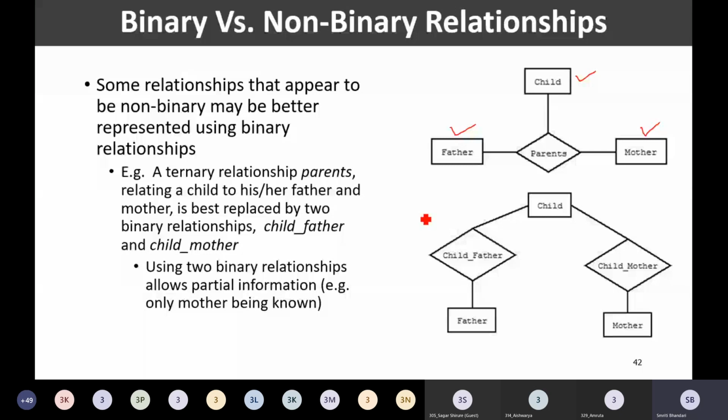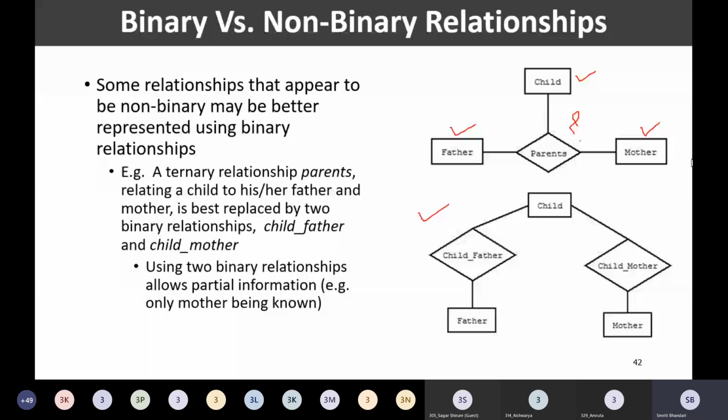Can I represent this ternary relationship by making use of these two binary relationships? Is it possible for me to depict this ternary relationship by making use of two binary relationships? Yes or no? It is possible, no?